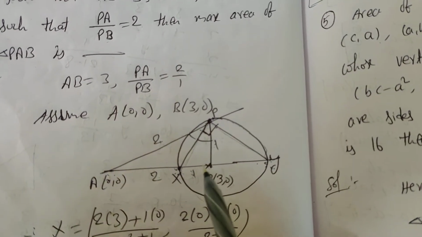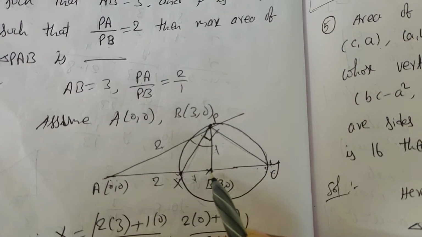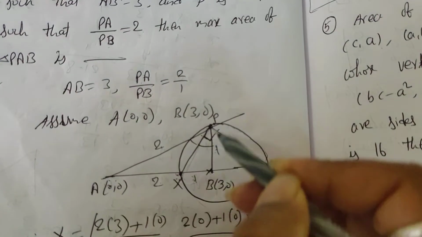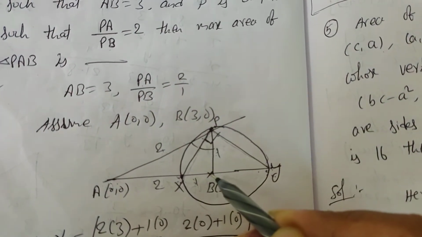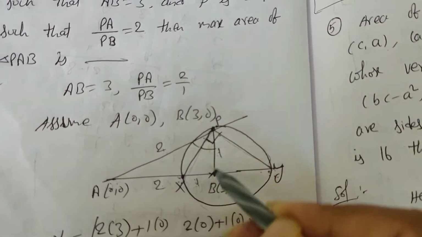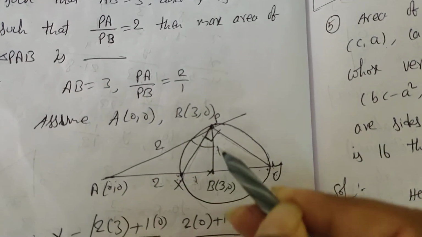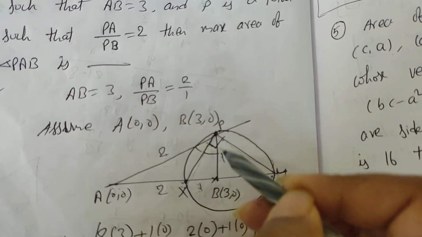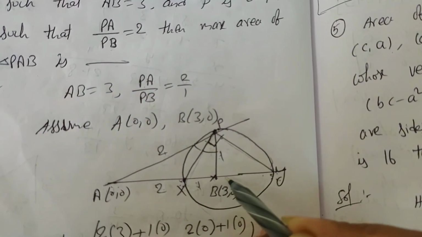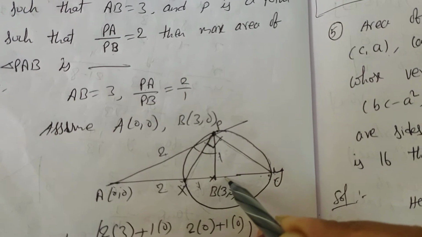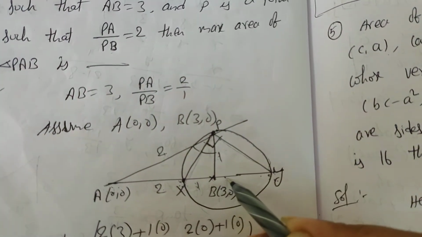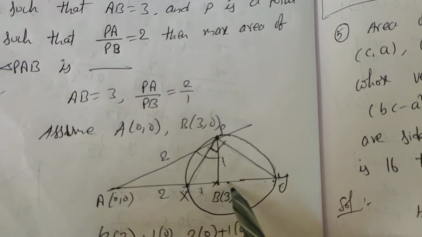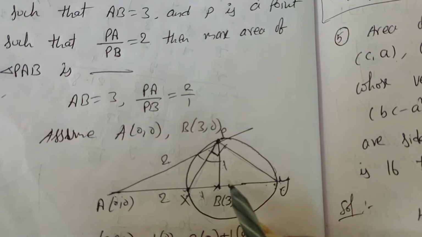So when this height is maximum, if it becomes the radius, that means if you drop a perpendicular from P that coincides with the center of the circle, then we can say this length is also maximum. For suppose the center is here, if P is here, it is the maximum height.